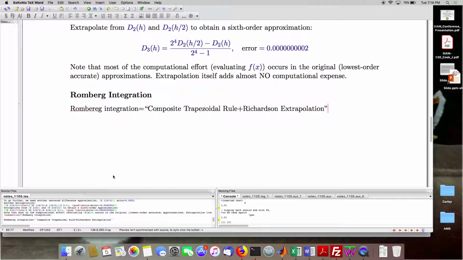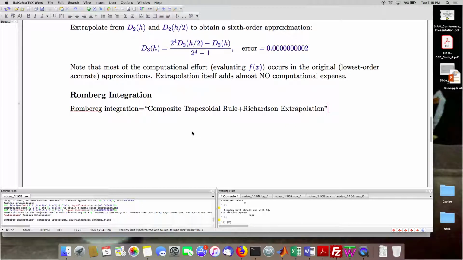So really all you're doing is computing several approximations to an integral using a composite trapezoidal rule. First using a certain number of subintervals, and then you keep doubling that. In other words, you're cutting h by a factor of 2 repeatedly. And then you perform Richardson extrapolation among those approximations to increase the order of accuracy.